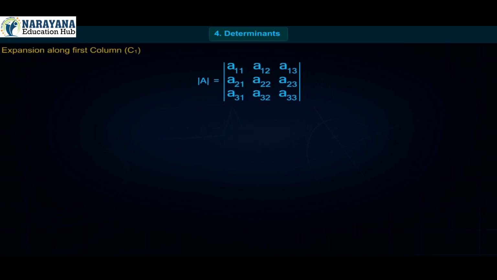Determinant of A is equal to determinant A11, A12, A13, A21, A22, A23, A31, A32, A33.